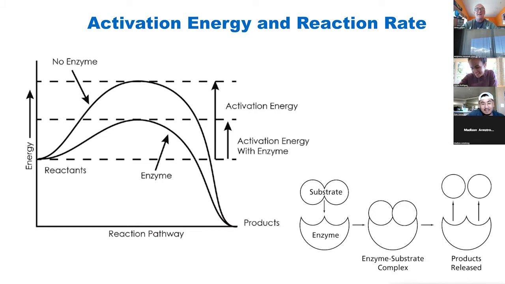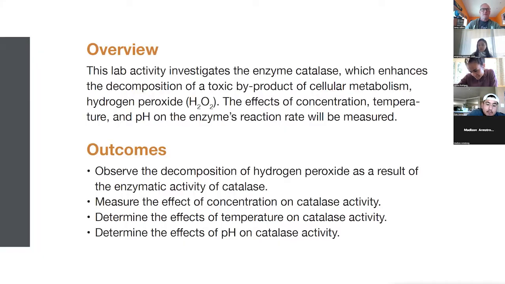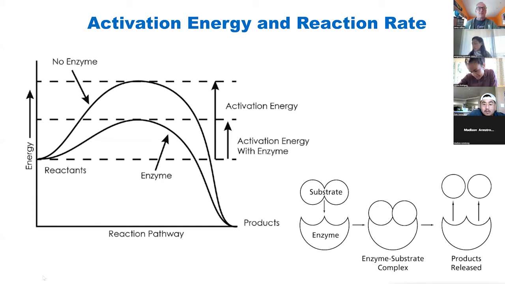So what activation energy is, basically at the beginning, this is called a reaction pathway. And what a reaction pathway is, at the beginning over here, you just have reactants. So at this point, you would just have hydrogen peroxide.